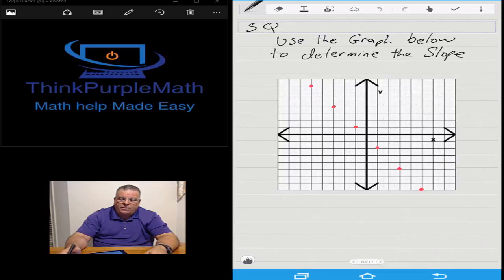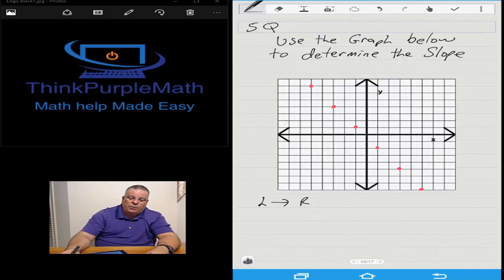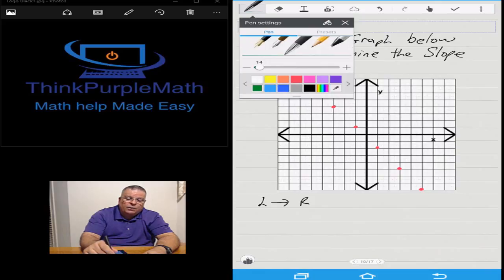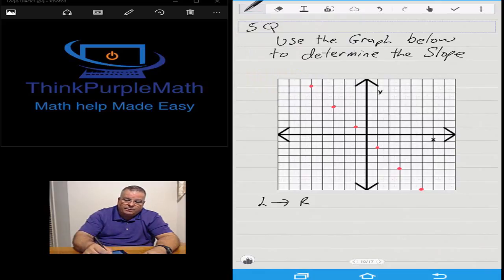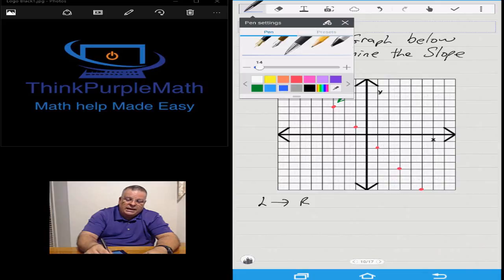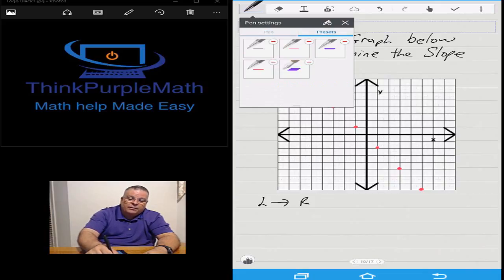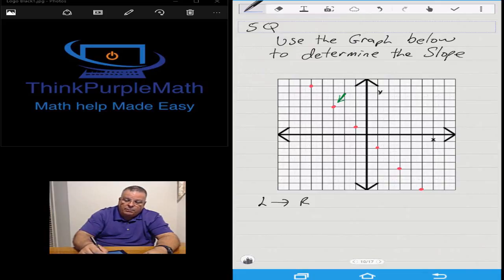So all we got to do is, and we're always going to go from left to right, pick any 2 points at random. I'm going to pick this point here that I'm marking with a green arrow, and I'm going to pick this point here, whoops, that I'm marking with the blue arrow.